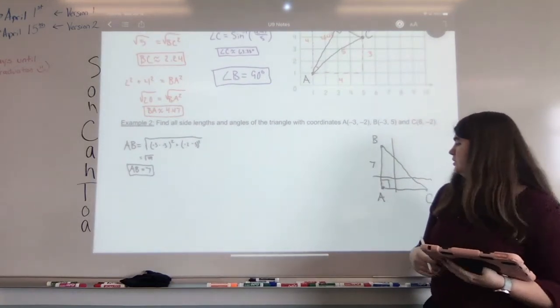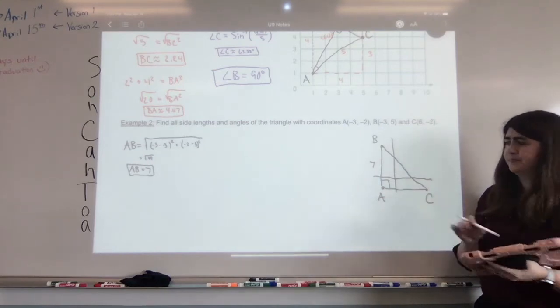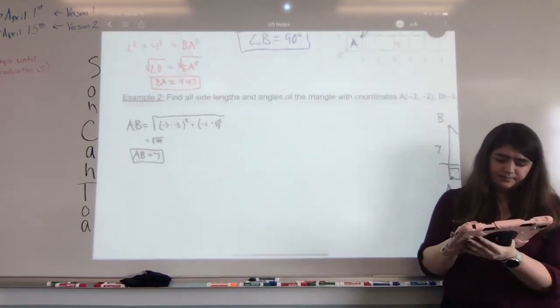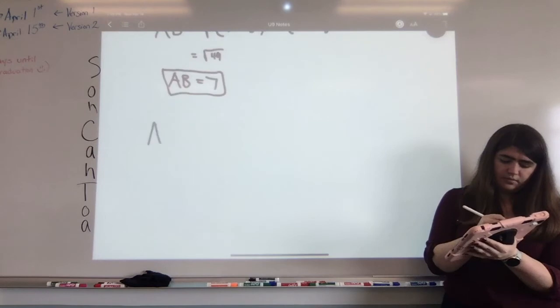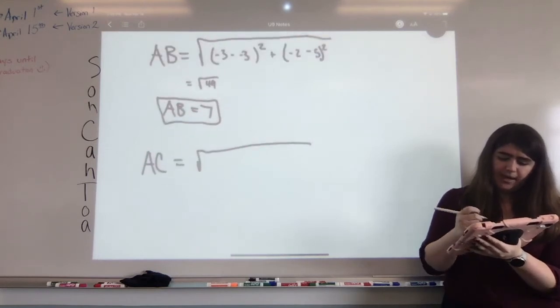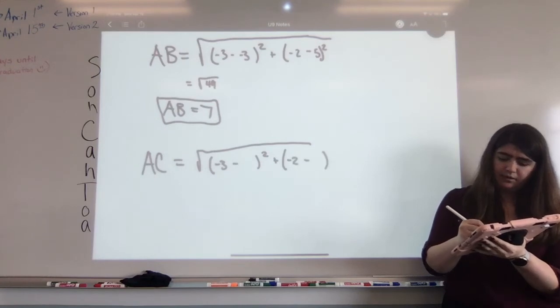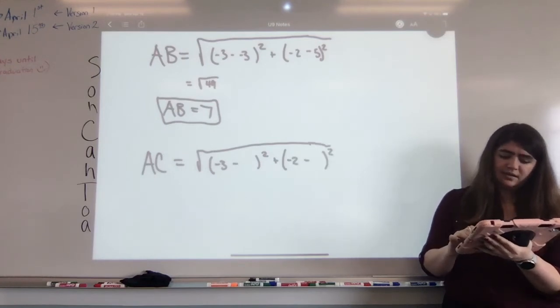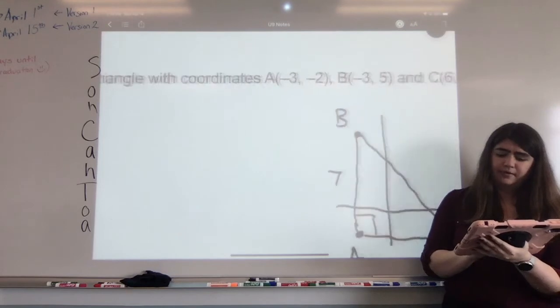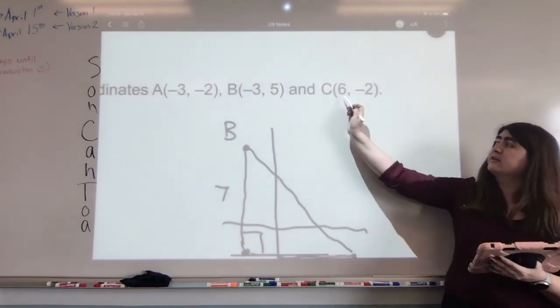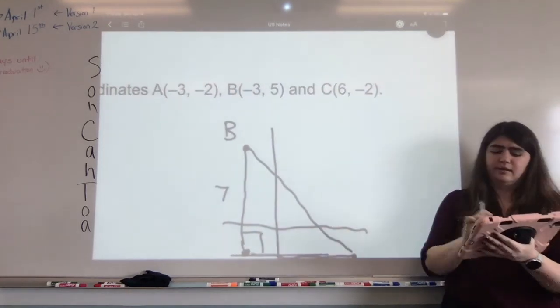Next, I'm going to solve for AC. So AC will be equal to the square root of, I already know my x and y from my A, so -3 minus something squared plus -2 minus something squared. Now I need my x and y for C, sorry. So my x for C is 6, my y is -2.